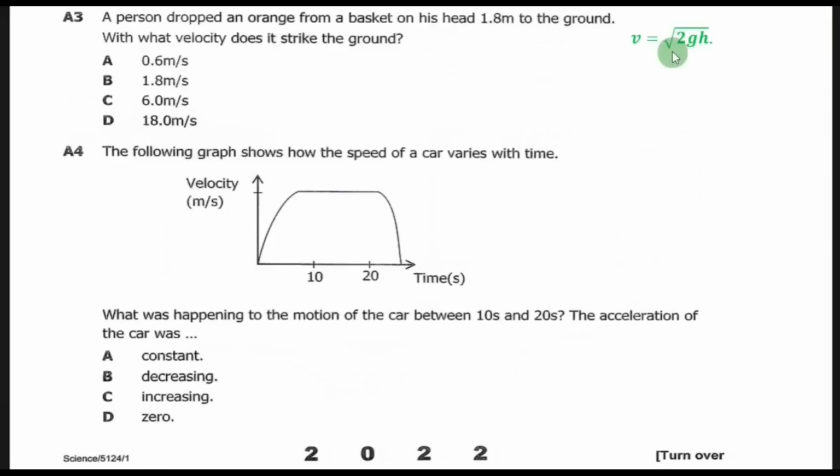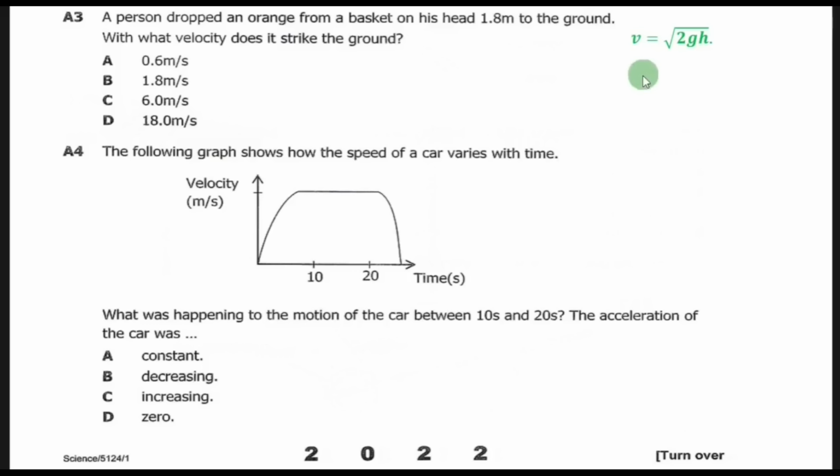So the formula is V equals square root of 2 times G, acceleration due to gravity, and H, height. So when an object is dropping, it accelerates with an acceleration called acceleration due to gravity. And even if it has not been mentioned here, like it is mentioned in other questions where they give you acceleration due to gravity, you must know that you must use it. It was just a slip of an examiner not doing that.